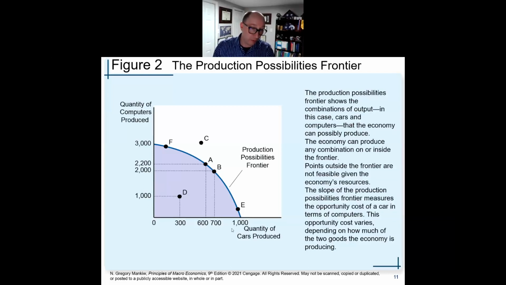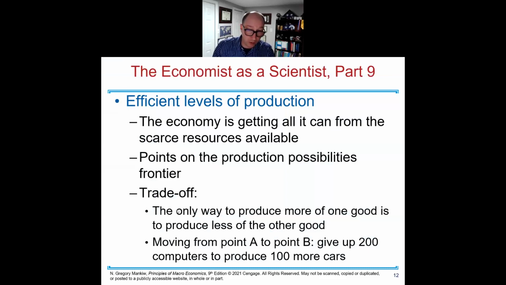I can't produce more of both. I don't have that capacity. So the production possibilities frontier is only on this line. So it's a trade-off between one or the other. Moving from point A to B, we gave up 200 computers to produce 100 more cars. That's the trade-off.